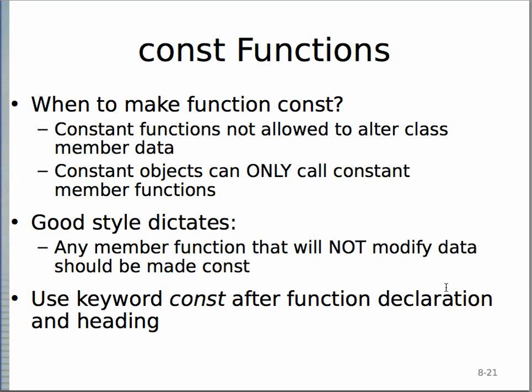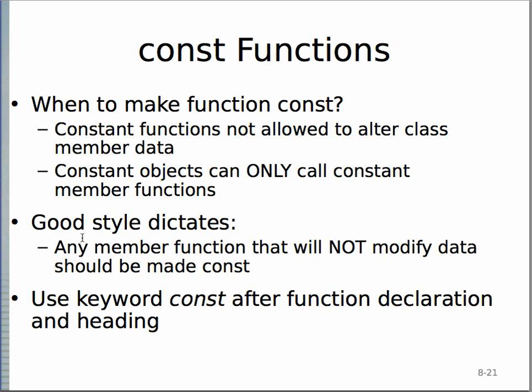Const functions are not allowed to alter the class data members, and sometimes that's what we want to make our programs bug resistant, to make them safer. If you have a const object, you can only call const member functions, that is, member functions that are guaranteed not to change anything in that object.